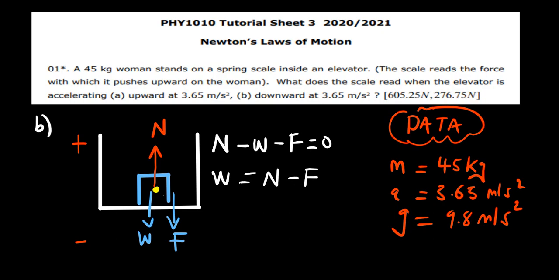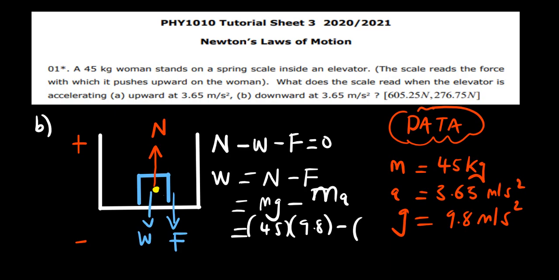Then what is our N? N, we said, is our normal force, which is the same as mg, minus our force, which in this case is mass times acceleration. The mass we've been given is 45 multiplied by the acceleration due to gravity, which is 9.8, minus the mass, still 45, times the acceleration, 3.65, the one they've given us.